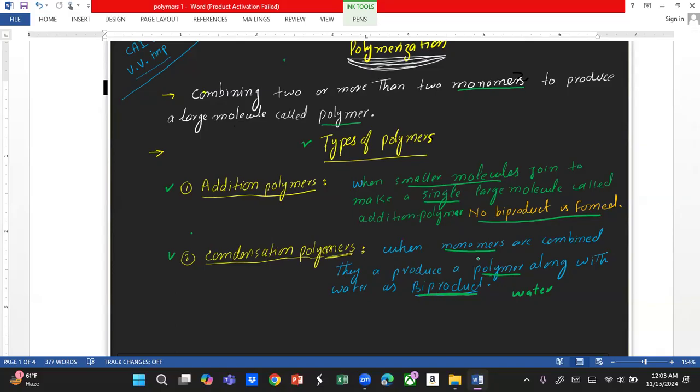Synthetic polymers mean these are man-made polymers. Hope you understand. I can again repeat this. Polymerization is a process in which we combine two or more monomers to produce a single large molecule in case of addition polymers, but in case of condensation polymers, we will have a byproduct, water, along with the polymer. Okay, now let's move ahead.